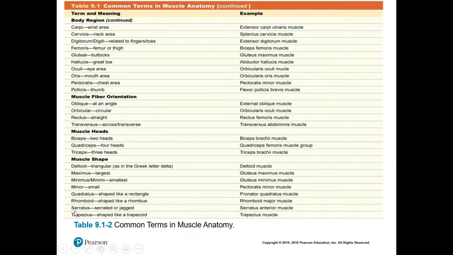like your trapezius muscle, right? It has that kind of rhomboid shape, although there is an entire shape for the trapezius. Okay, but regardless, you'll see in a few minutes how that shape allows for different muscle coordination and different body region movement because of the extensiveness of the muscle. And we have serratus, or serrated, which is jagged essentially.